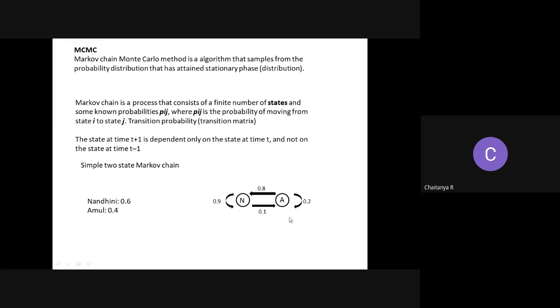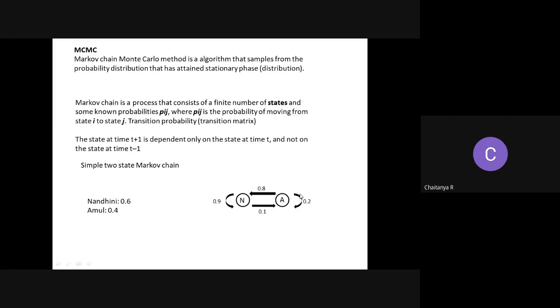So the way you interpret the state transition diagram is that, given the next unit of time, which could be a week or a month or even a year, 0.9 or 90% of Nandini's customers stay back with Nandini because they like that milk so much.